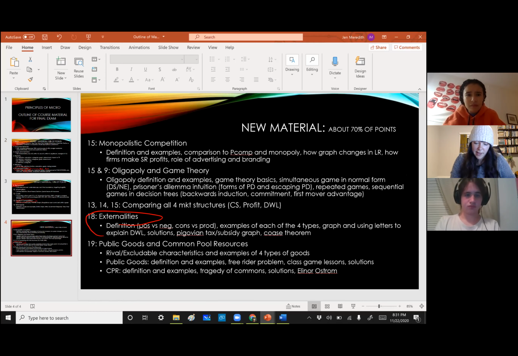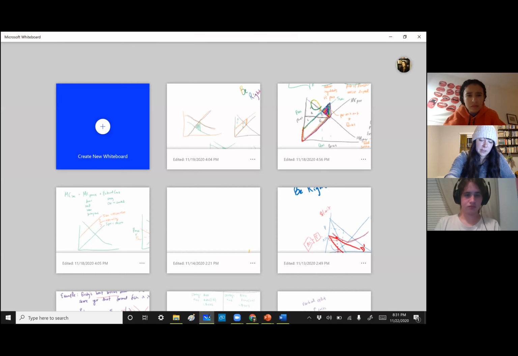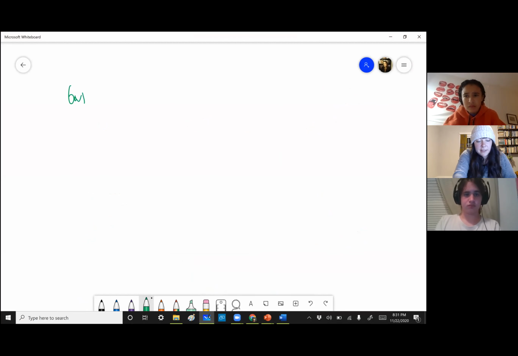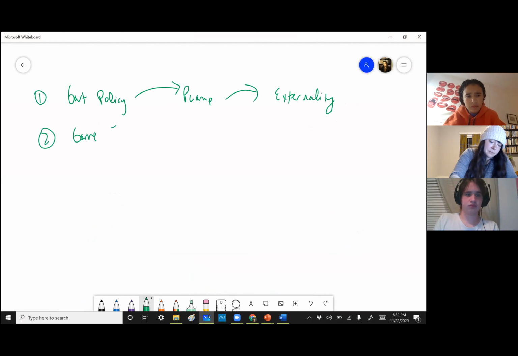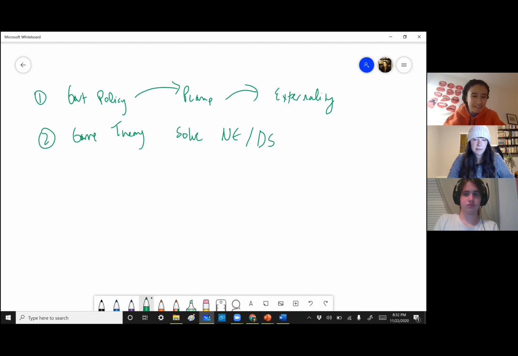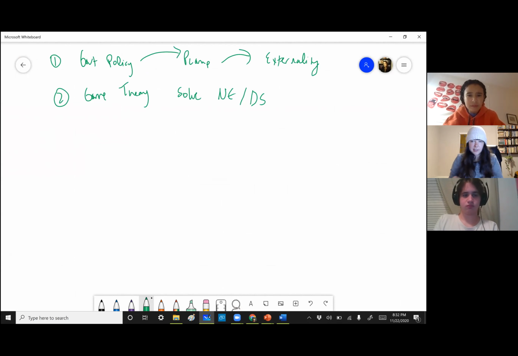Any thoughts on whether you'd rather, if you're going to stick around, see me do one that was like government policy into perfect competition and then think about externality, or just do some game theory, how to solve Nash equilibria, dominant strategies. I think I would prefer one, but it doesn't matter. I'll go with whatever. Jamie, do you have any preferences? If you think of your question, feel free to interject.